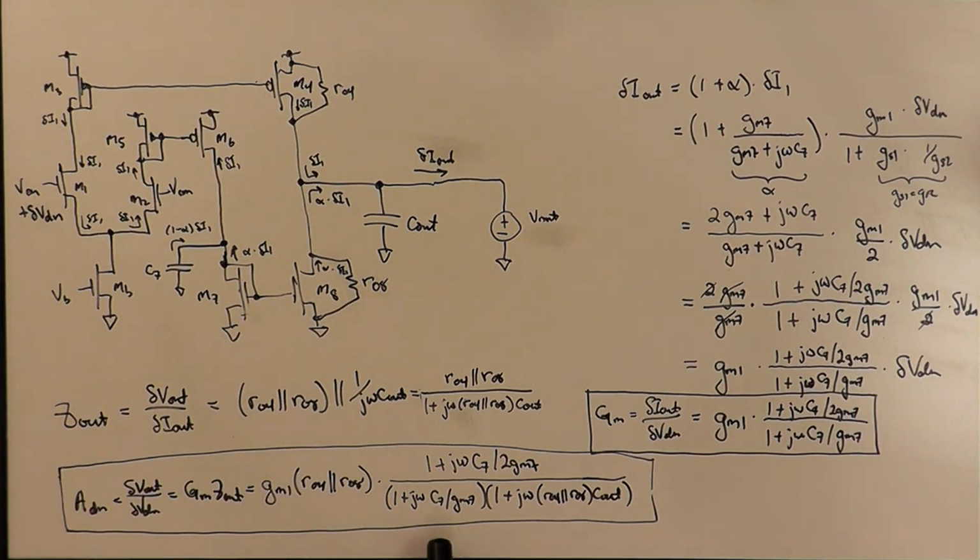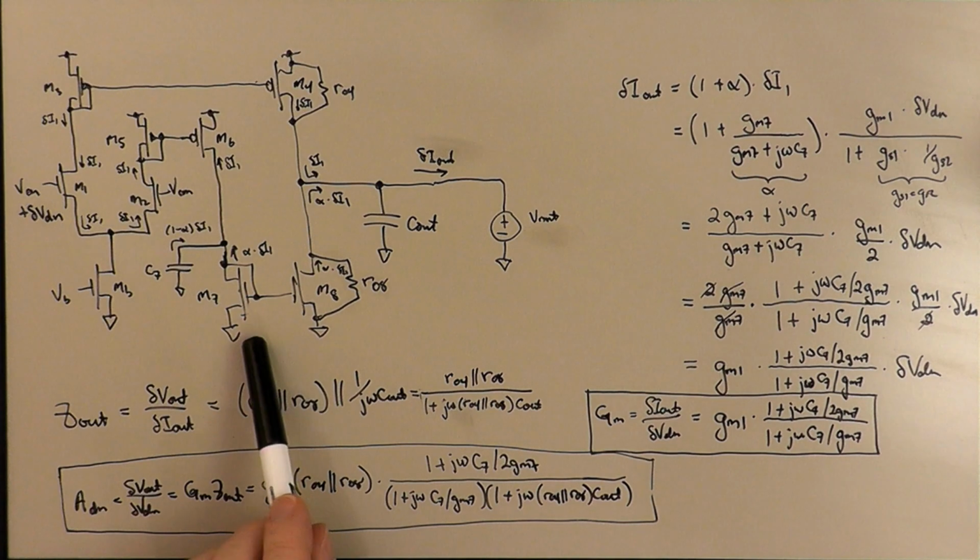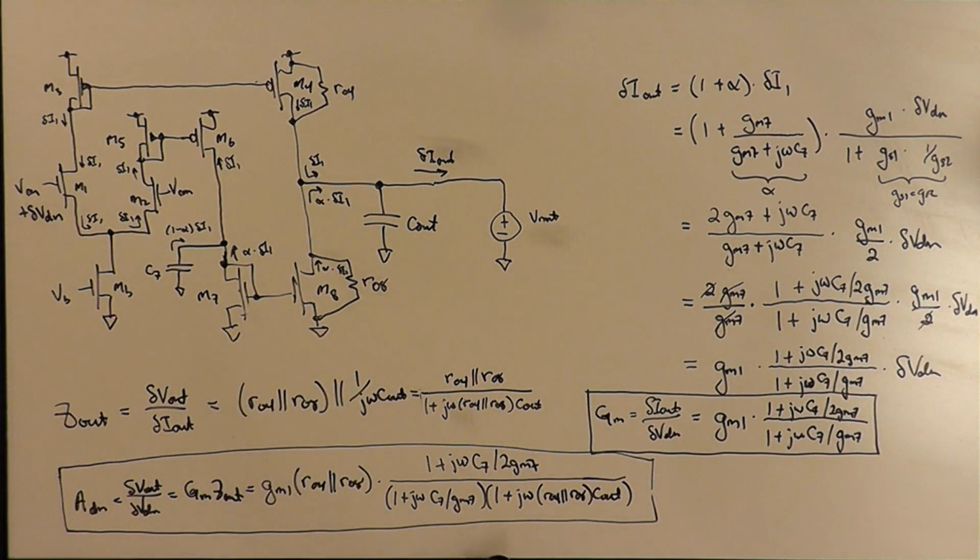Well, we can say a couple of things. One is that certainly 1 over GM7 is going to be a much lower resistance than RO8, right? So if GM7 is the same as GM8, they're matched transistors. They have the same current flowing through them because they're a current mirror, so GM7 and GM8 are going to be the same. And so if GM8 RO8 is much bigger than 1, we know that 1 over GM7 is going to be a much smaller resistance than RO8.